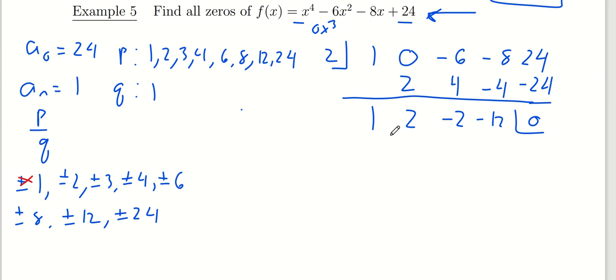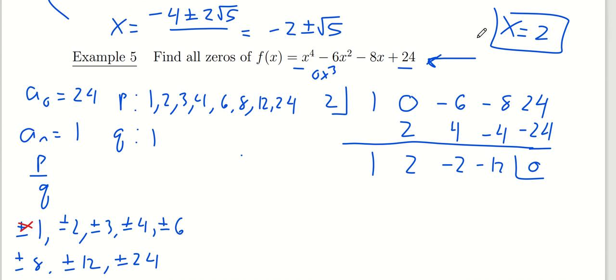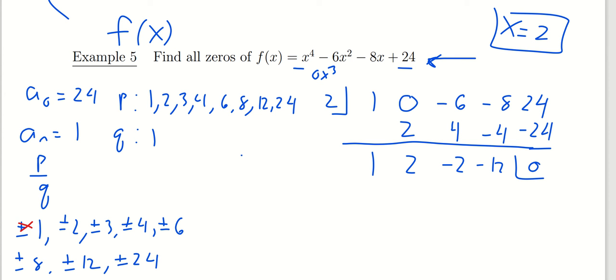We can continue this to find the additional zeros. So we have a partial factorization right now from that 0. If x equals 2 is a zero of the function f, then that means that x minus 2 would be a factor. So we are able to write f of x as x minus 2, and then this would be our quotient.